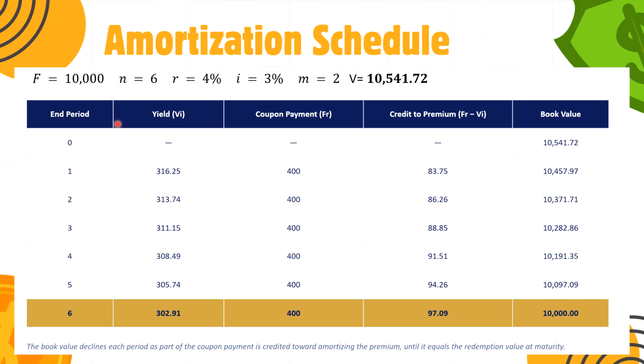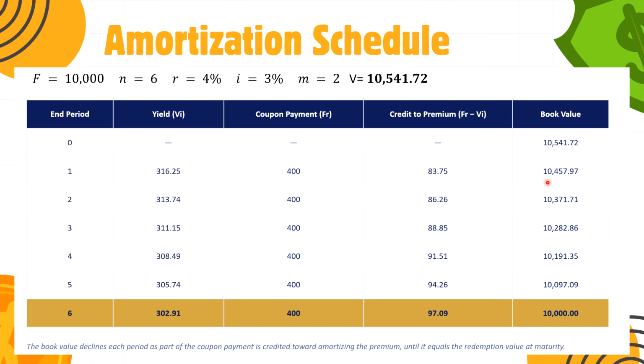In period 1, the yield is 316.25. That's the book value multiplied by I. And then the difference between the coupon payment and that yield, which is 400 minus 316 pesos and 25 centavos, would be equal to 83.75, which would be credited toward reducing the premium, so the book value now is 10,457 pesos and 97 centavos.